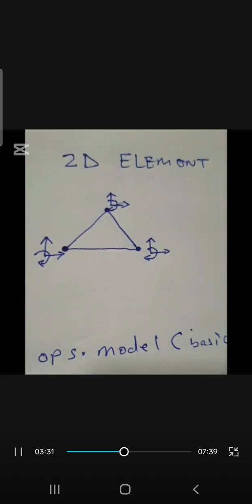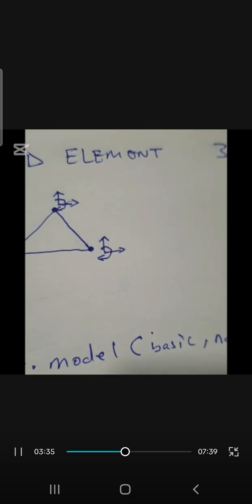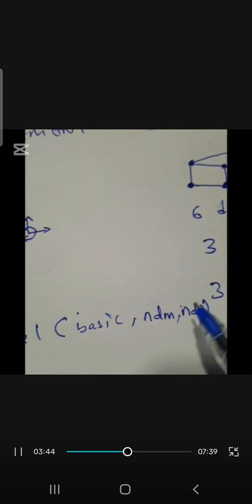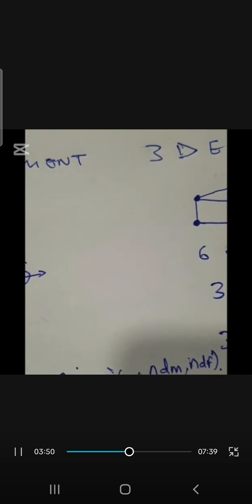Then the next thing you need to understand is that the command in the openseespy library is something like this, in which you have 3 parameters when you are building the model. So the first one is the number of dimension of the model.